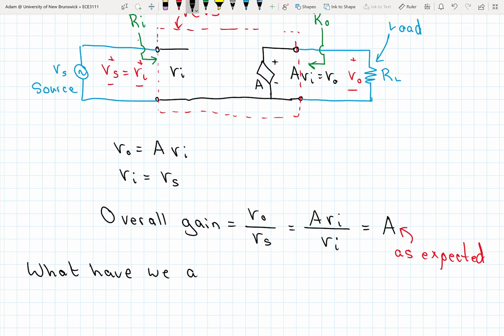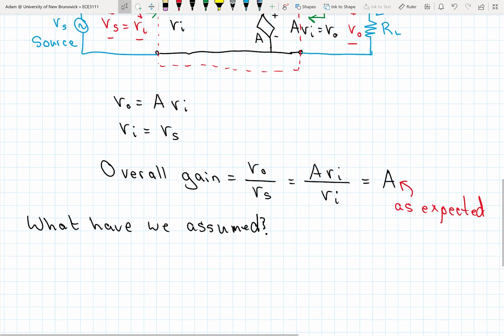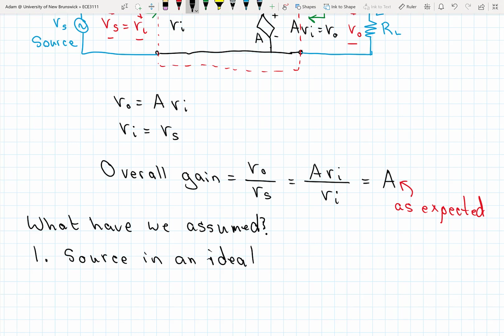We've assumed that our source is an ideal voltage source.